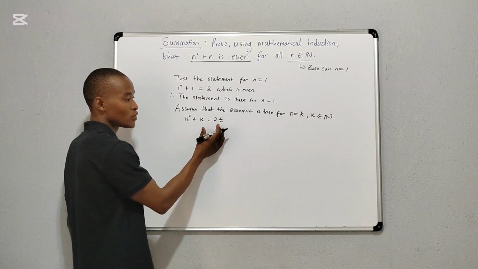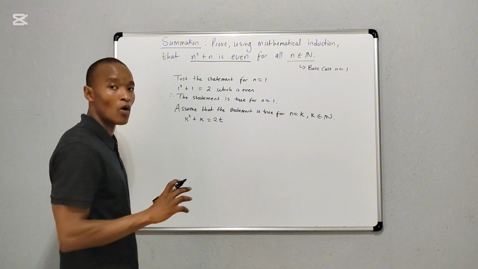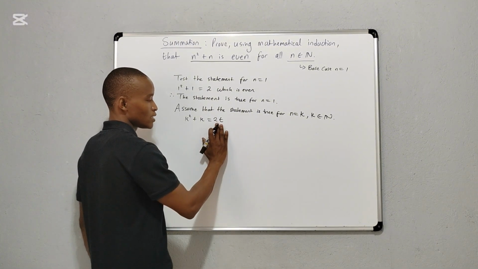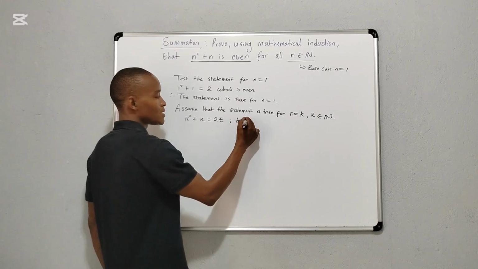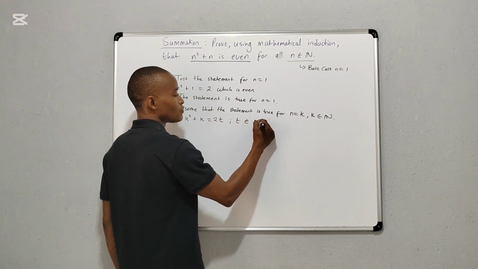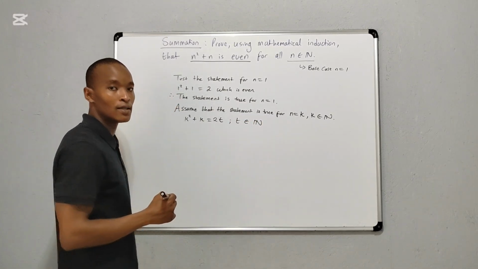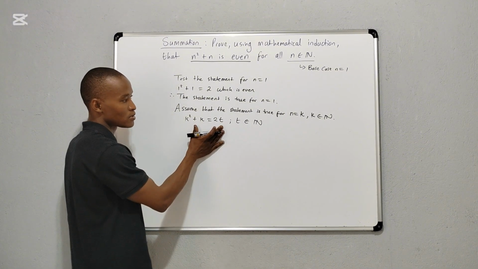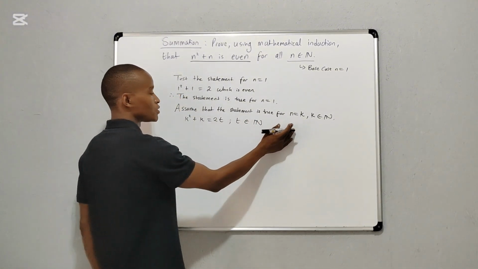The product of 2 and any other number, whether it's even or odd, will always give you an even number. So this is an even number where t is an element of natural numbers. That is the inductive hypothesis, that it is true for n equal to k.